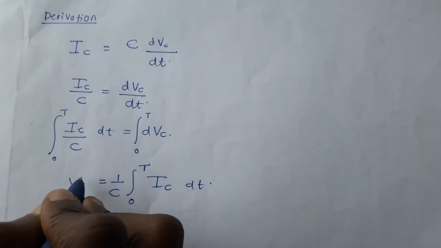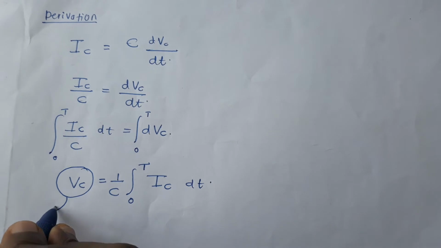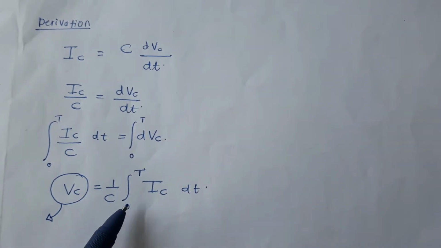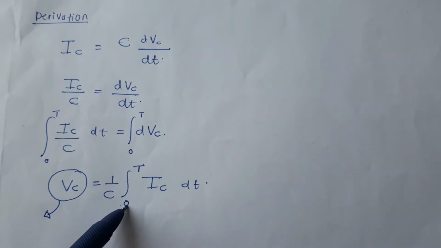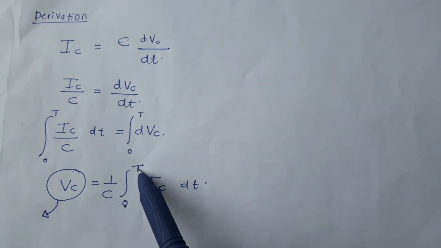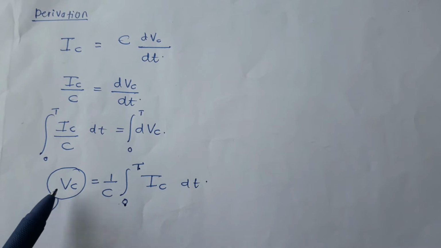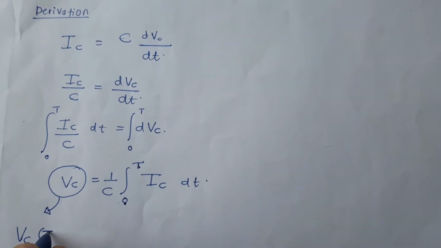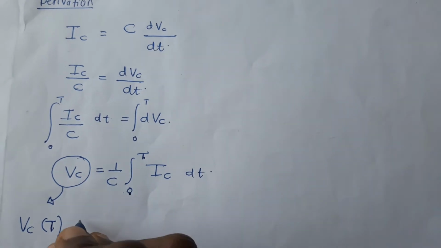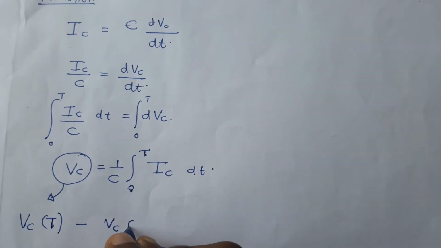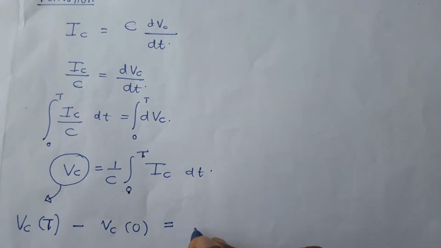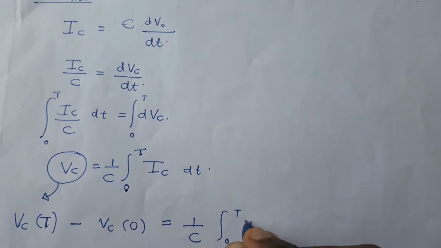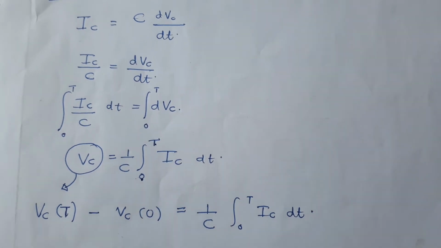Vc on the left is nothing but the difference, because we are considering a starting point and a final point. So Vc will be the final value at the period minus the initial value, which is equal to (1/C) times the integral from 0 to T of Ic dt.